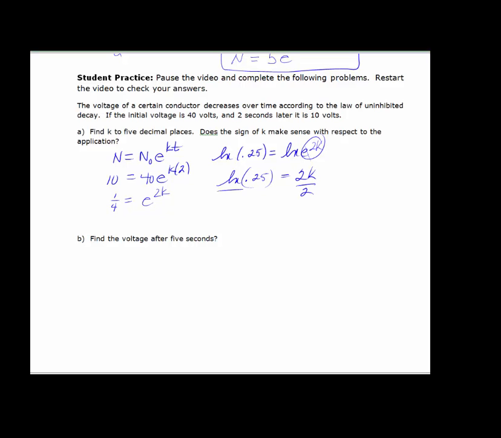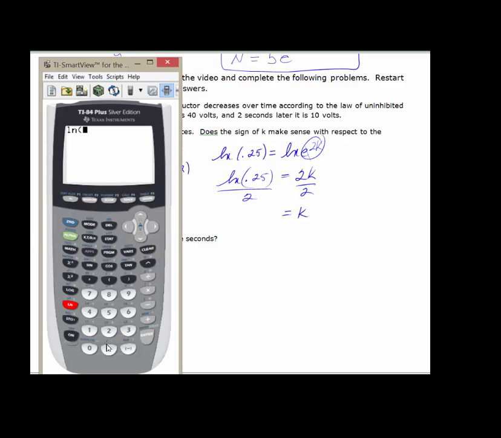Divide each side by 2. Natural log of 0.25 divided by 2. We get negative 0.69315.